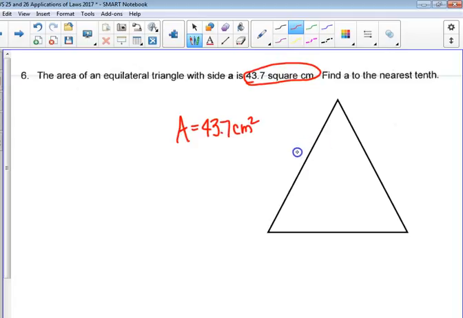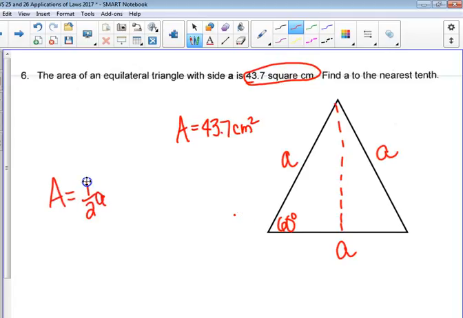And it's an equilateral triangle with all the sides A. What are the angles on an equilateral triangle? So you could draw a height in and mess around with that, but I had an epiphany yesterday and decided to try using this. Remember we did this one yesterday?